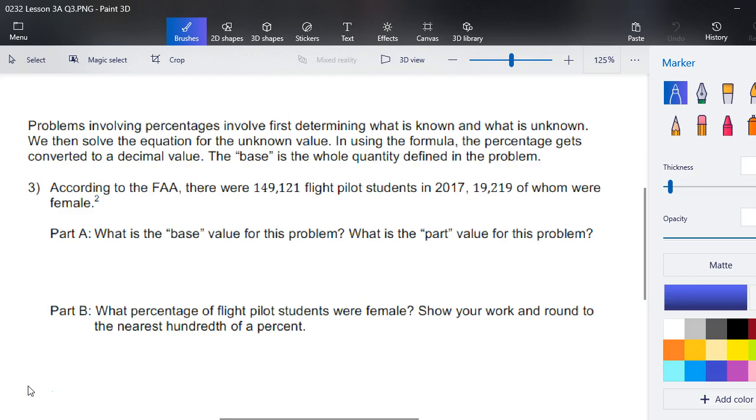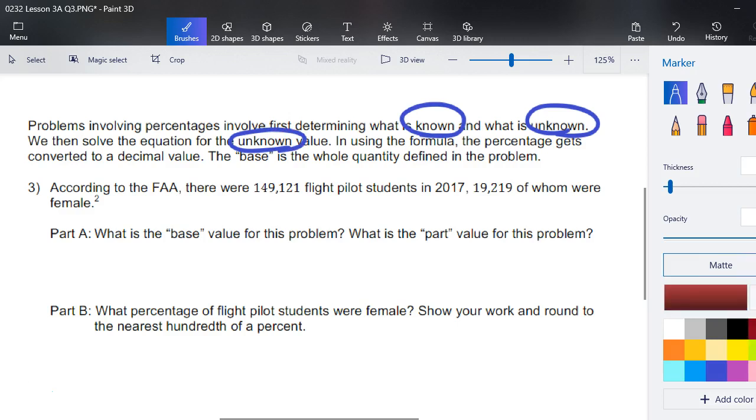So problems involving percentages involve first determining what is known and what is unknown. What do we know? What do we need to know? We then solve the equation for what we don't know. In using the formula, the percentage gets converted to a decimal value.